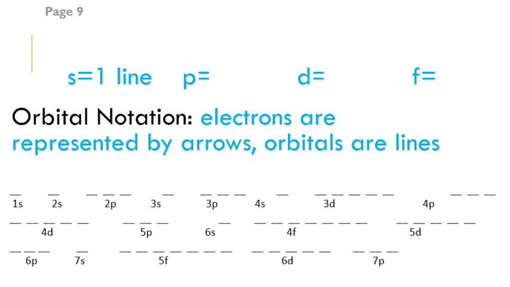Everywhere that we see our p orbitals, it doesn't matter the energy level, whether it's a 2p or a 7p, they always have 3 lines. D orbitals all have 5 lines, and the few f's that we've got have 7 lines. Now this corresponds to the different orientations of each type of orbital on each energy level.